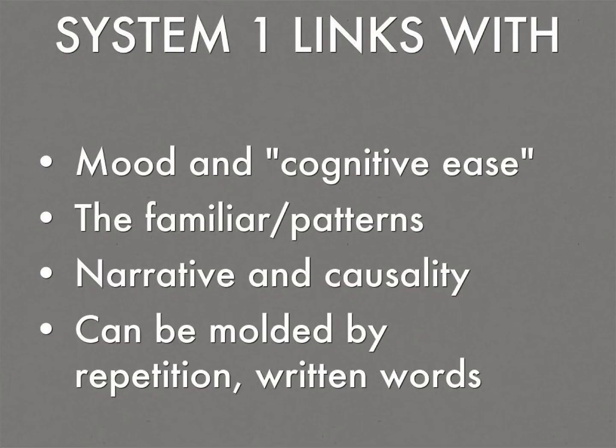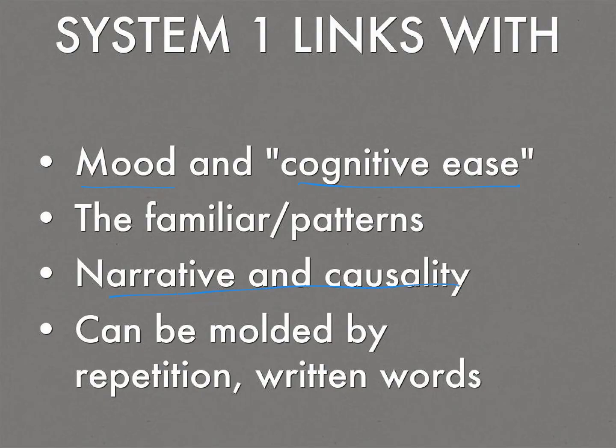There's all sorts of interesting research with respect to system 1, but it links with cognitive ease. So a funny thing is that just because you feel like you understand something or you feel relaxed about understanding a pattern of causality, for instance, it may not really be true. It may just be that you're seeing a pattern. Your system 1 is seeing a pattern and you have a certain mood about it.